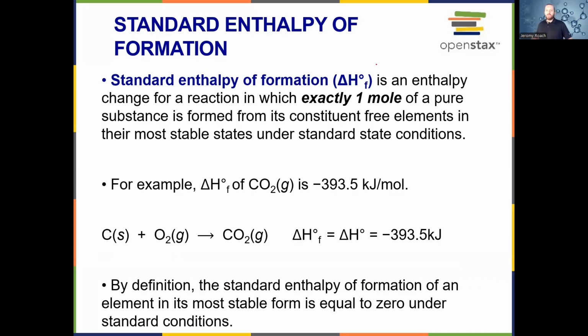Here it shows our reaction: solid carbon plus diatomic oxygen making carbon dioxide gas. And the elements in their standard state, like diatomic oxygen or graphite, have a standard enthalpy of formation of 0.